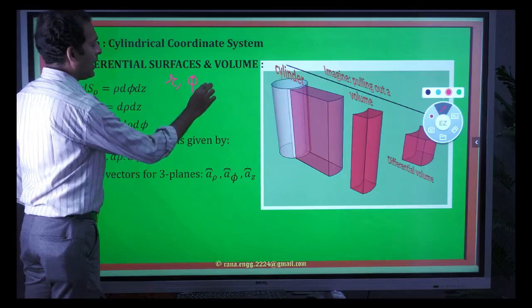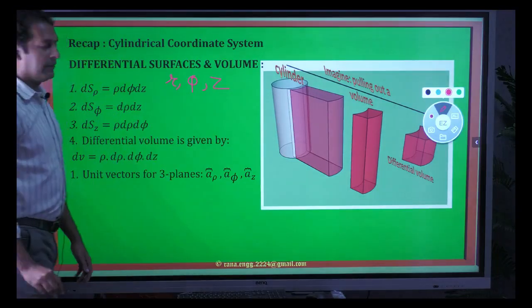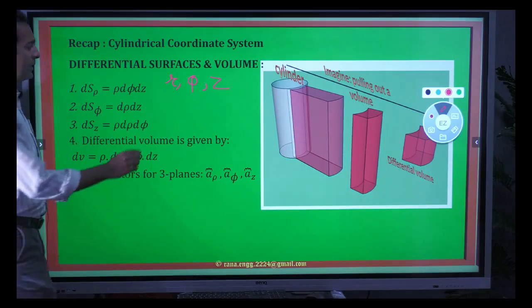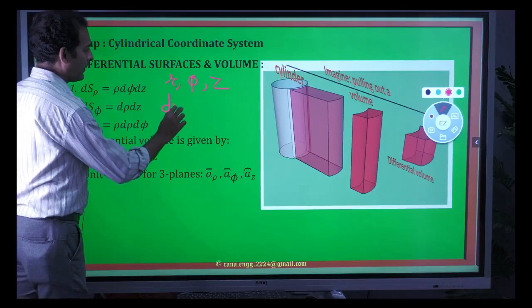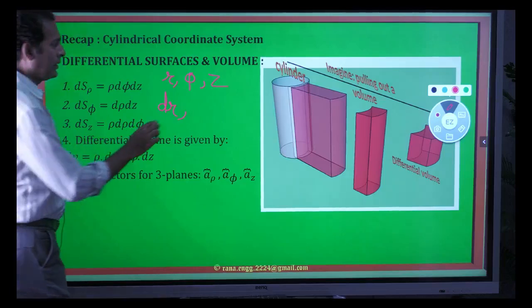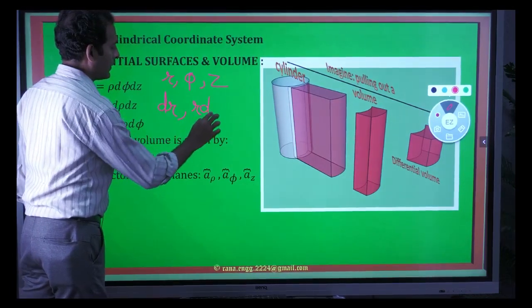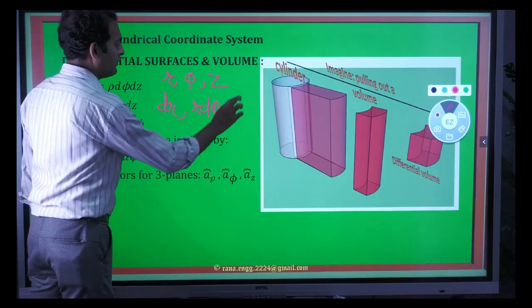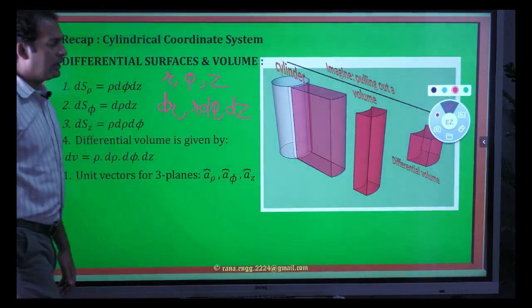For r, the differential element is dr. For phi, it is r d phi. And for z, it is dz.